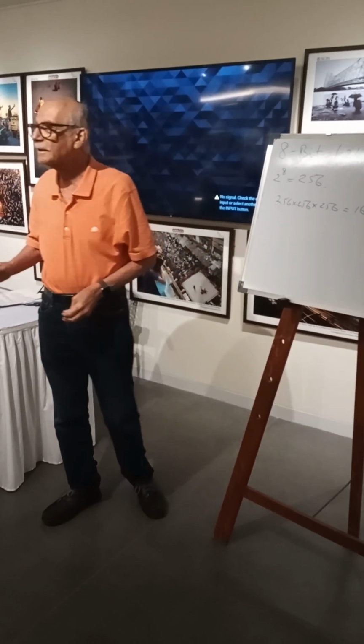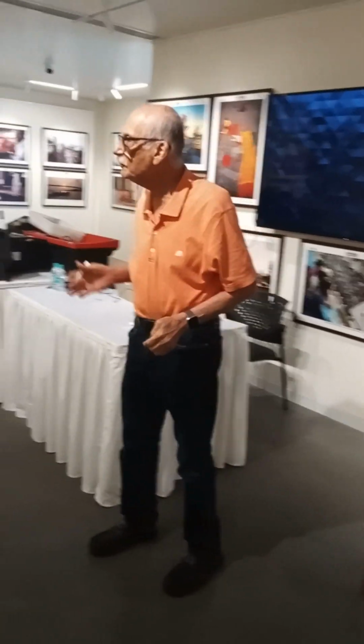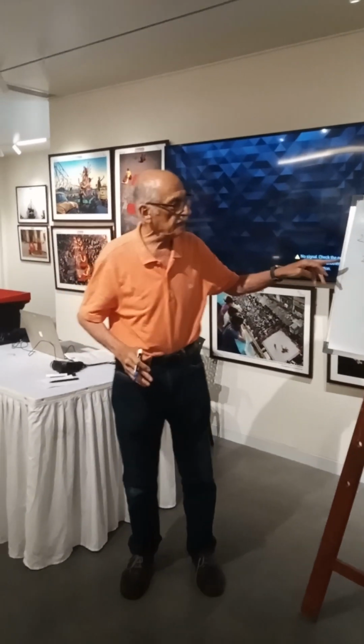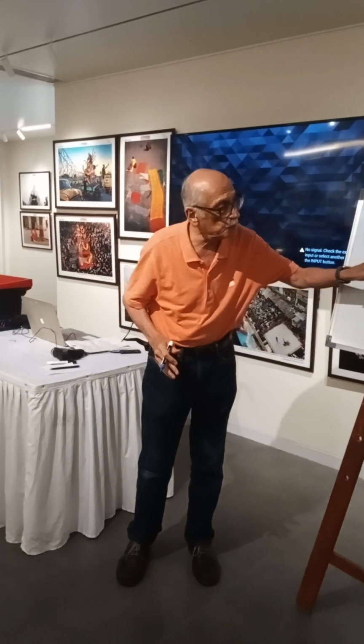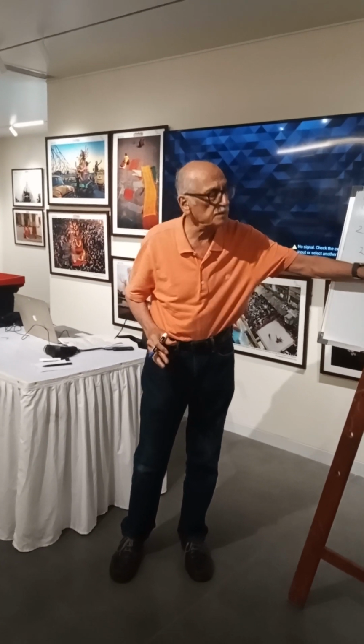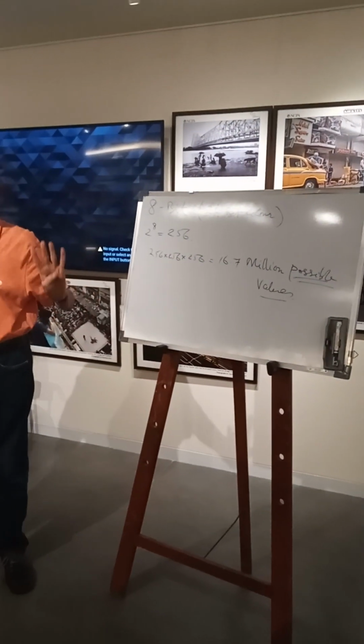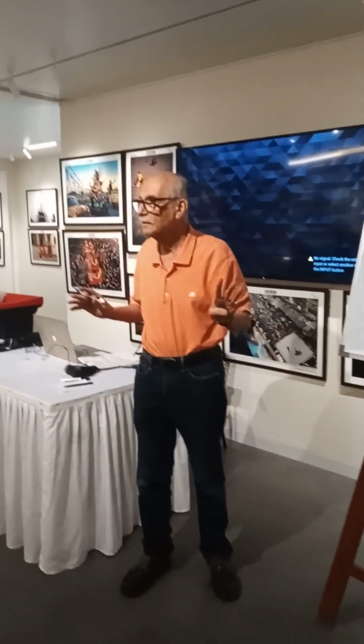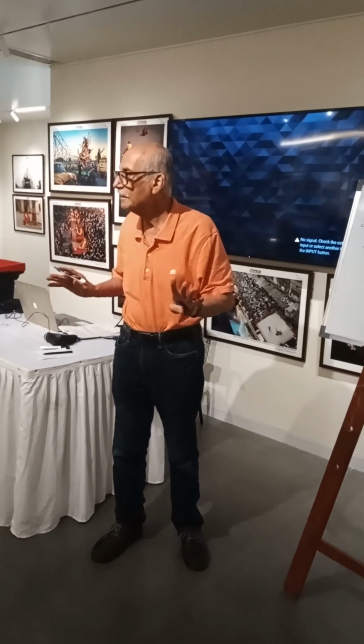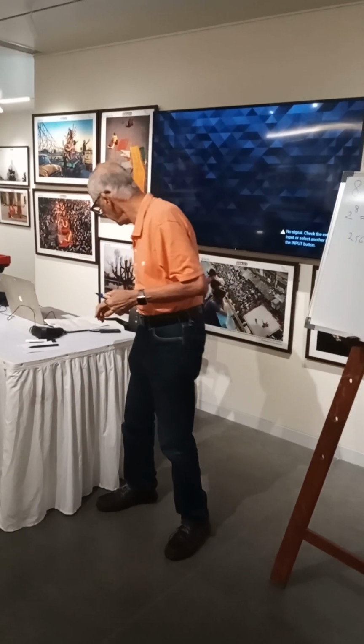Your subject has to be very colorful. In which case, a JPEG file will be able to get a maximum of 16.7 million possible values. Is this clear? Any question here? So let's go ahead.